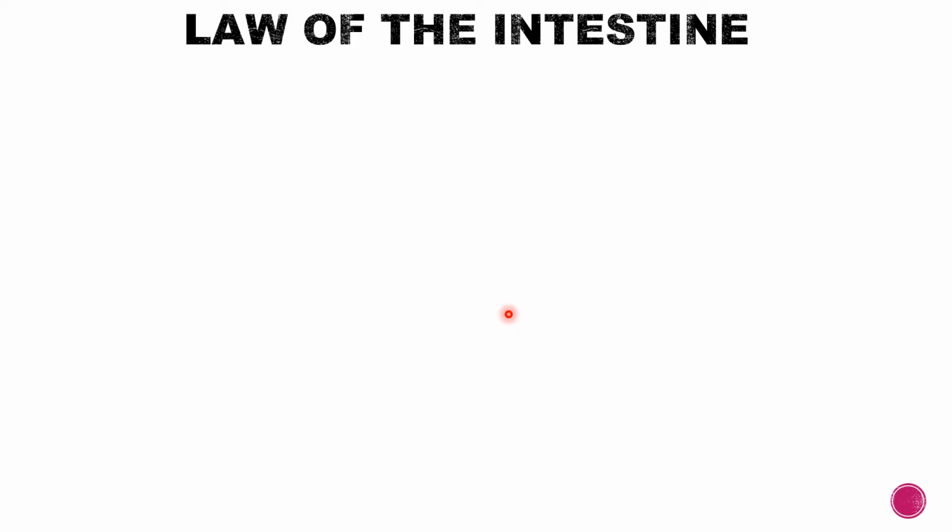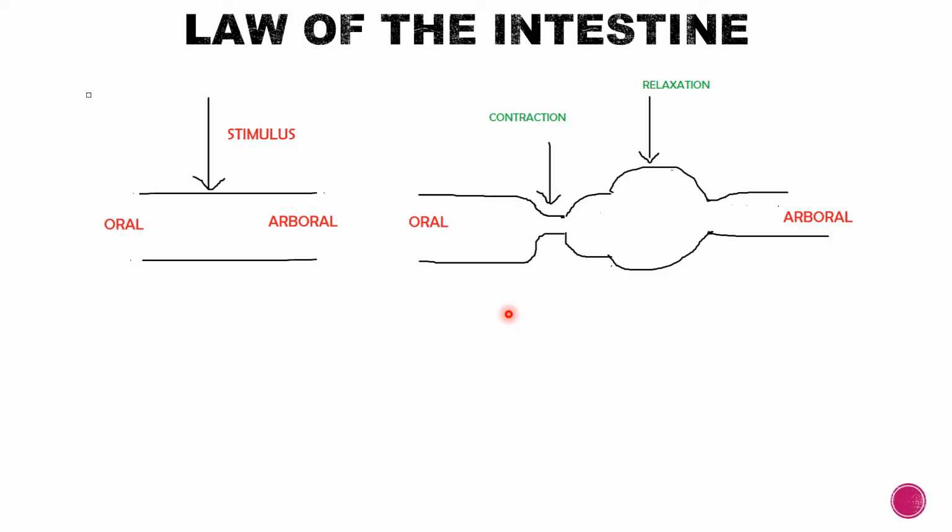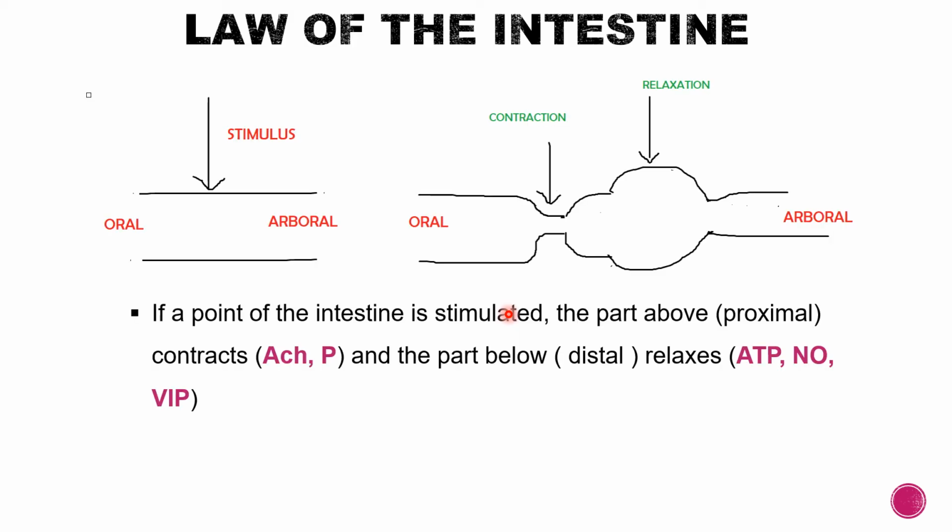Now let's go on to the law of intestine. What is the law of intestine? If a point of the intestine is stimulated, the part above, that is proximal, here this is the oral side, and this is the anal side. So you give a stimulus, and the part above that, the part proximal to it, towards the oral side, constricts, while the part distally relaxes.